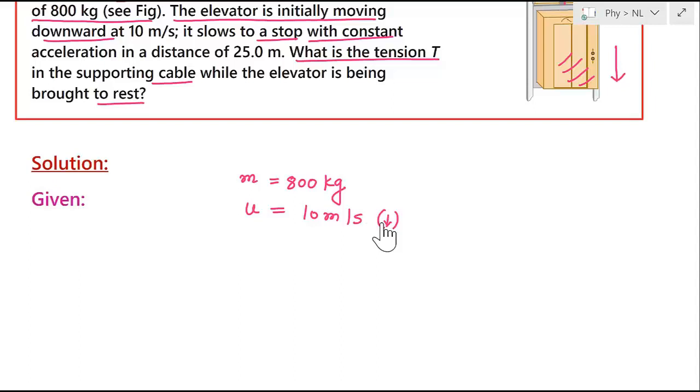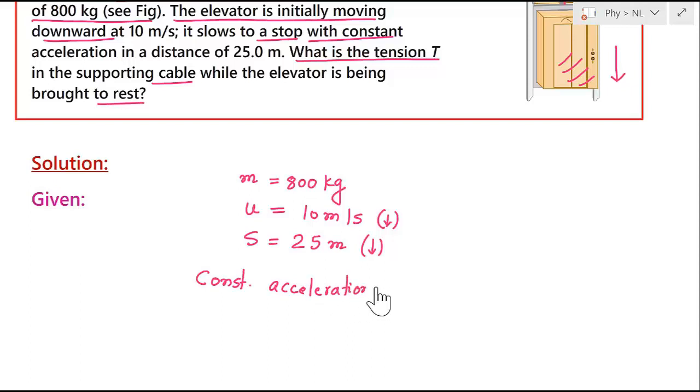So u denotes initial speed. Now this elevator has covered a distance of 25 meter before coming to the rest, and this distance is also in the downward direction. And the question says the acceleration is constant. So we have a constant acceleration. So this is a constant acceleration case.